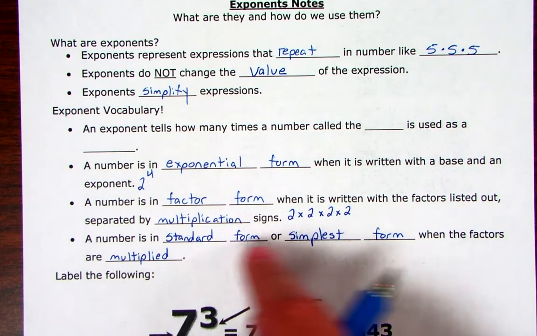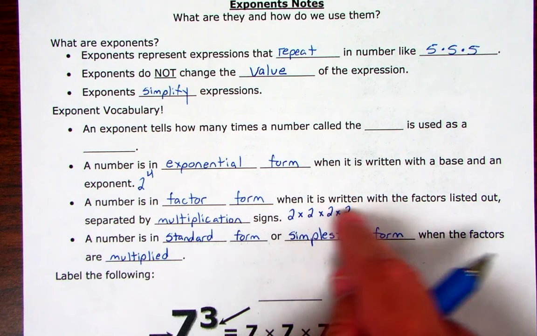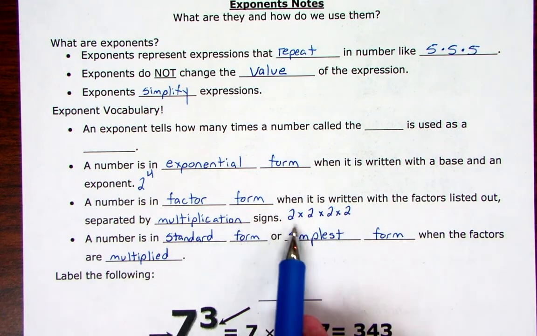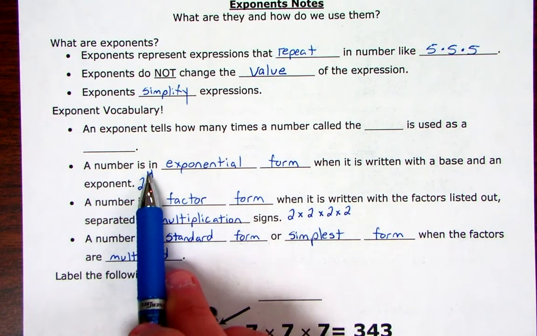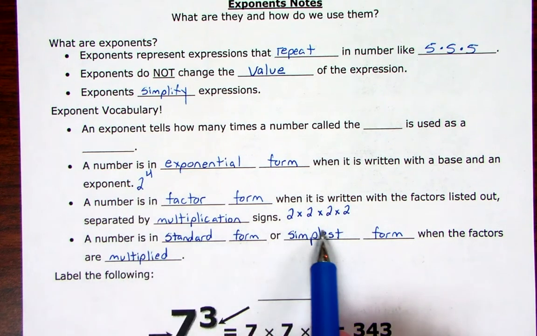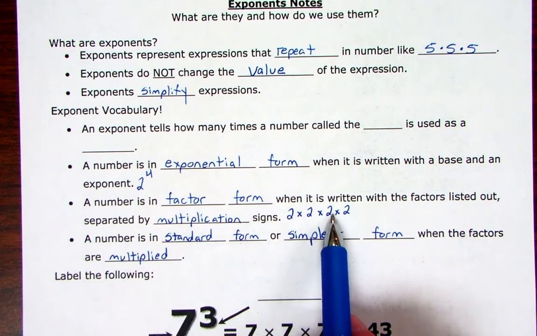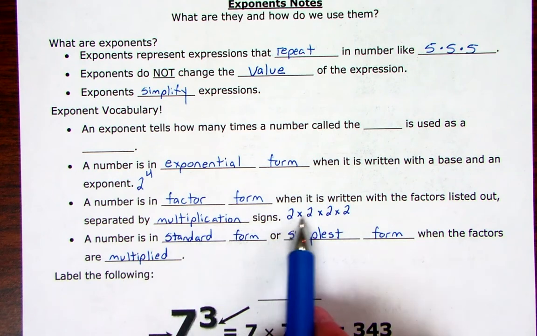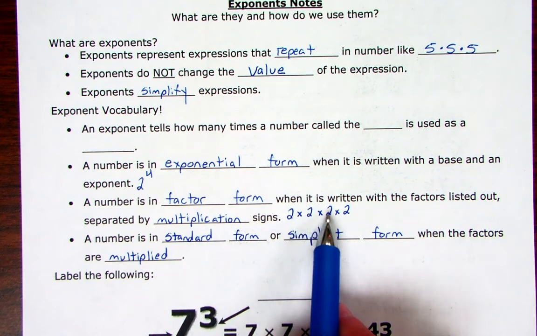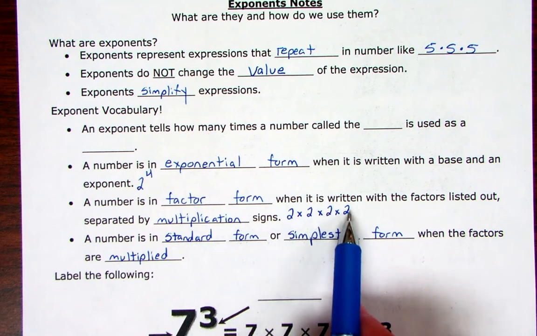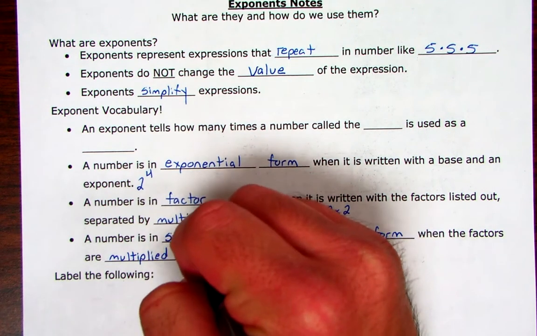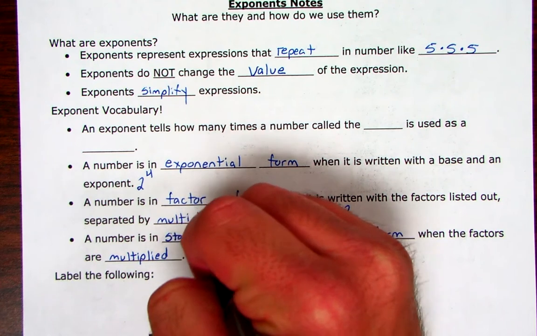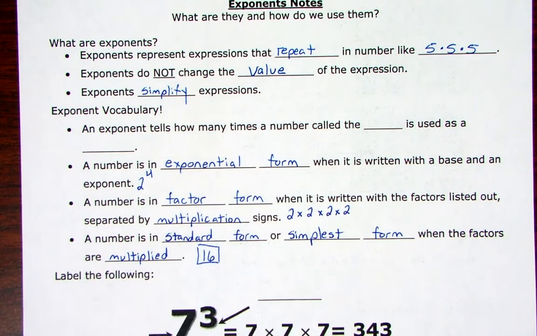If it's asking for standard or simplest form, it's just your numbers multiplied out. So for example, 2 to the 4th power, exponential form. 2 times 2 times 2 times 2 is our factor form. Now our simplest form, let's multiply. 2 times 2 is 4. 4 times 2 is 8. 8 times 2 is 16. That would be your simplest form or your standard form, whichever way you want to call it.